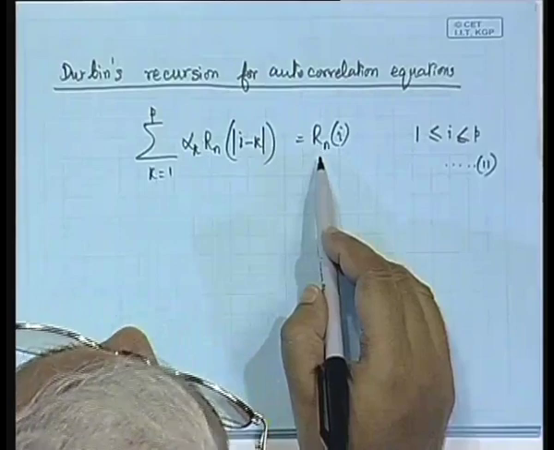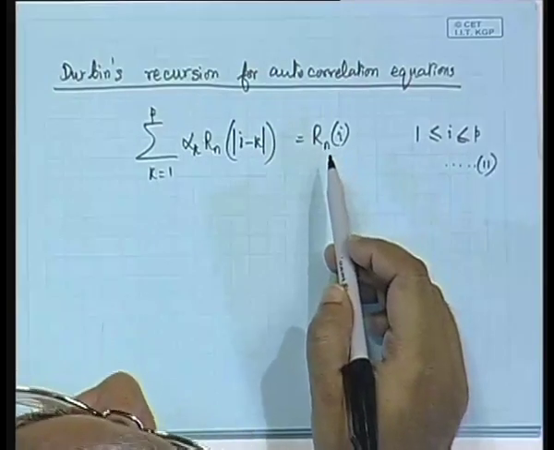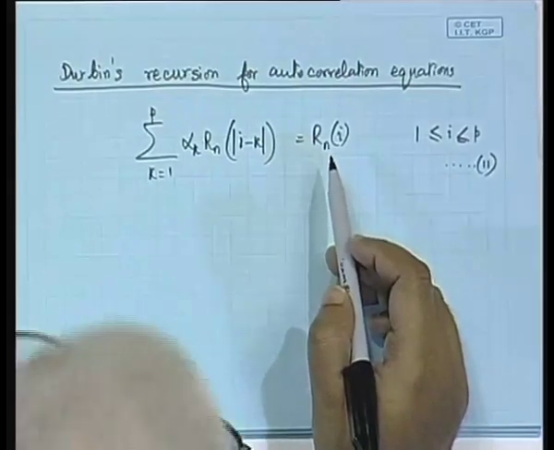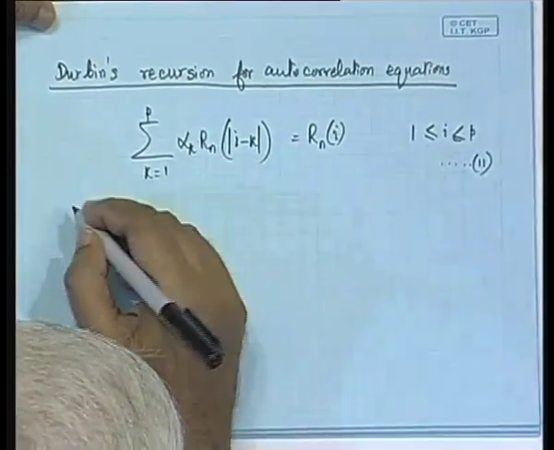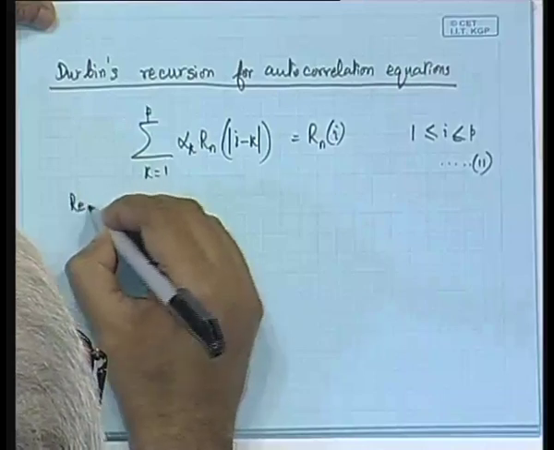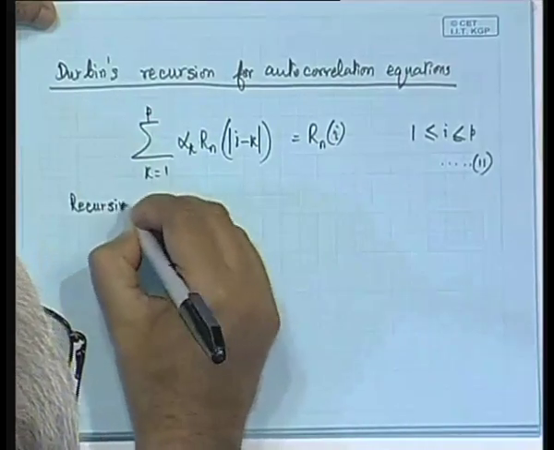So in these steps we will make a simplified way of writing. We will be dropping this suffix n, so instead of writing Rni, we will simply write Ri. The recursive procedure we can write like this.